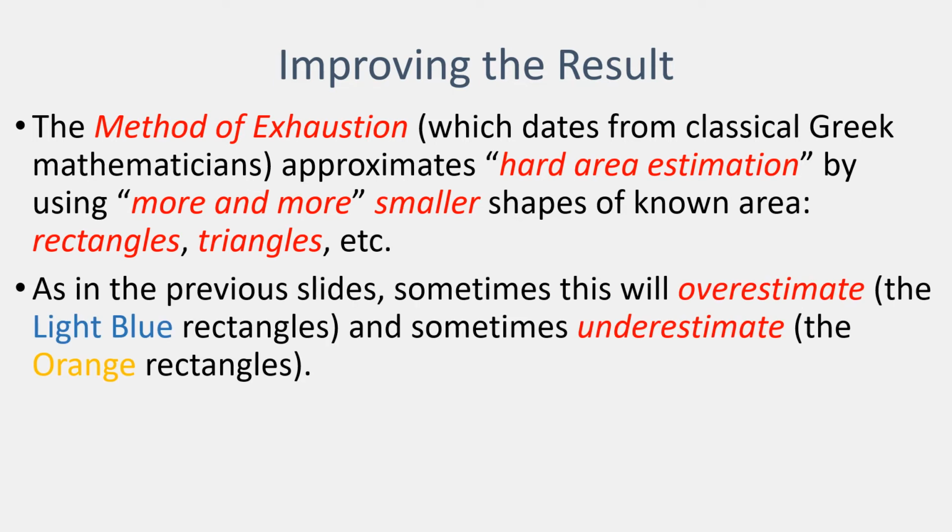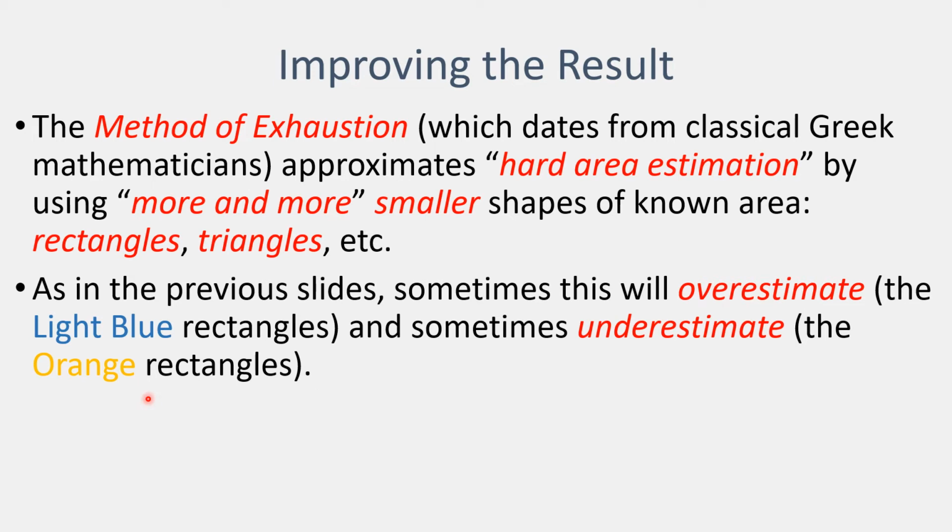As we saw in the previous 2 slides, on some occasions the method of exhaustion is going to come up with too large a value. It'll overestimate the area that we need. So the light blue rectangles in the previous 2 slides. And sometimes it's going to underestimate the area we need.